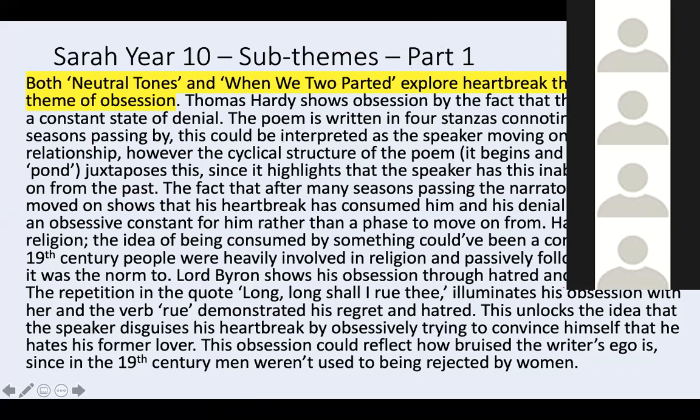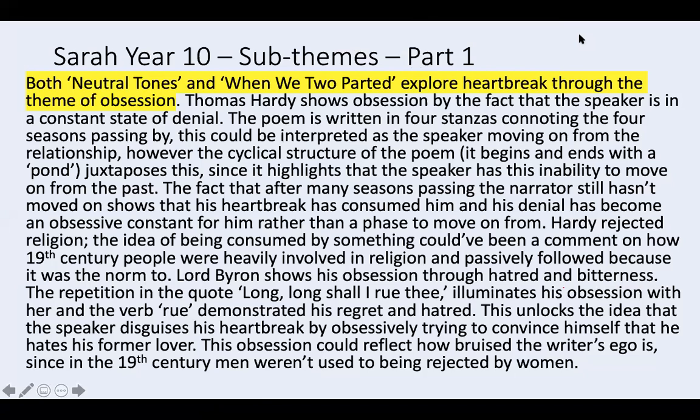So for example, when she talks about cyclical structure, you could have just talked about the cyclical structure, but she goes into further detail, talking about how there's the cyclical structure, but that this is juxtaposed with the stanzas connoting the 4 seasons.